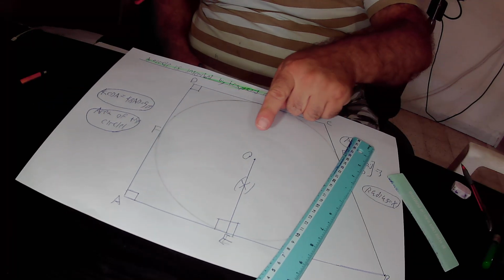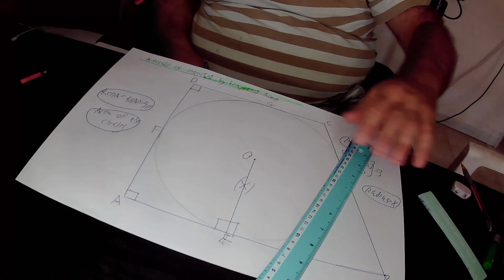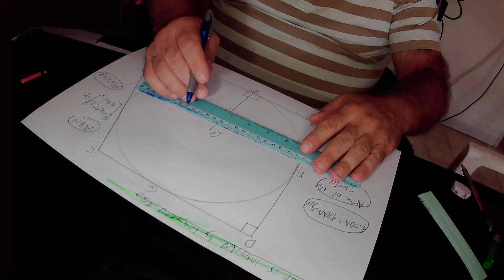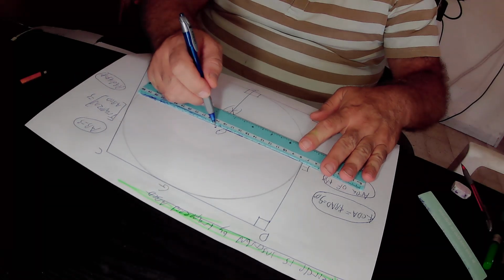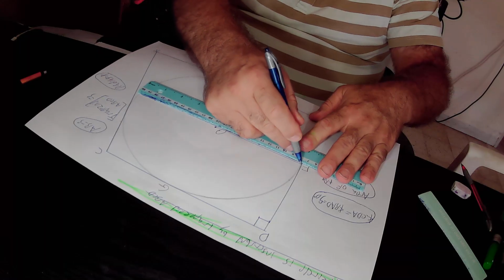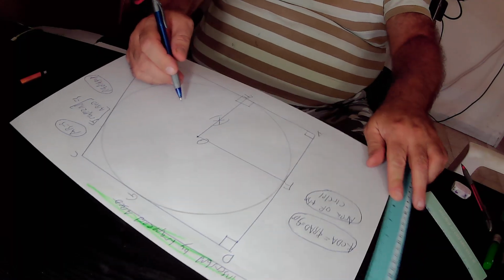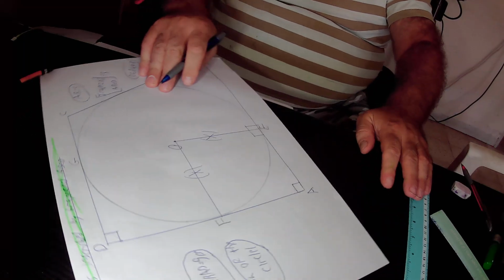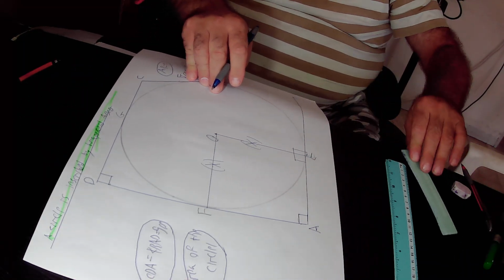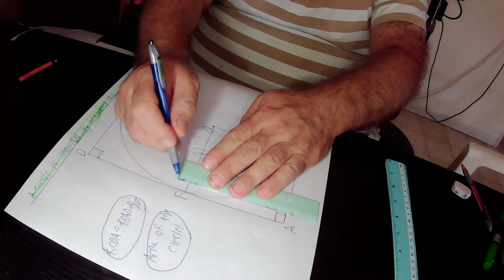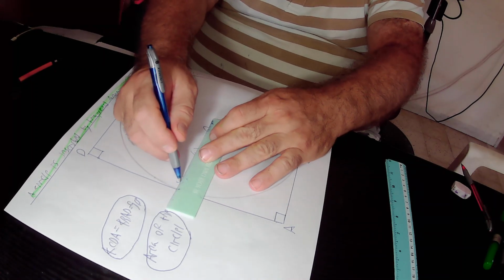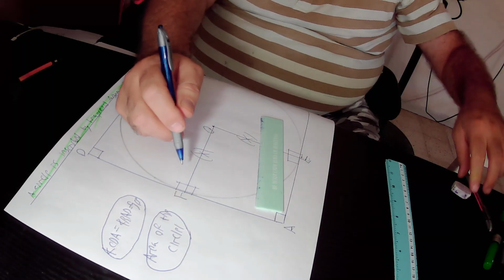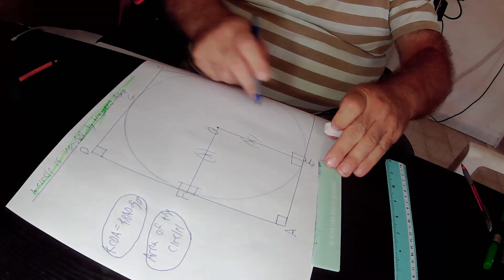Likewise, we join points O and F together by a straight line. OF is of course the radius of this circle, equal to x, and according to rule 1, this angle equals 90 degrees, and this angle also equals 90 degrees. I will not repeat the same explanation.